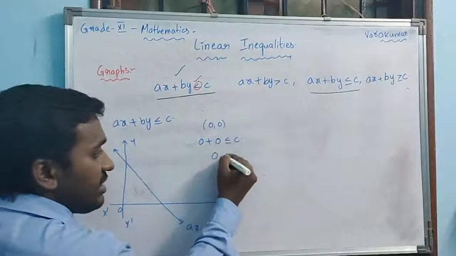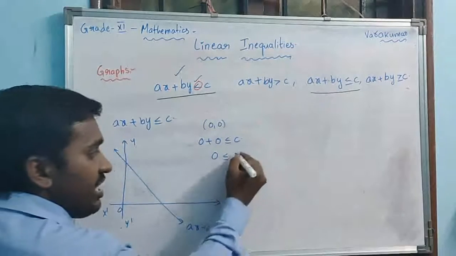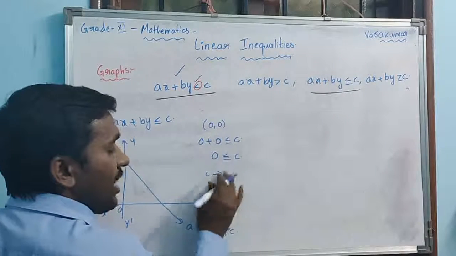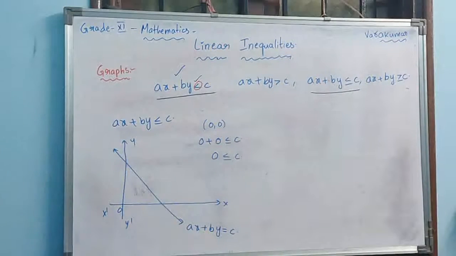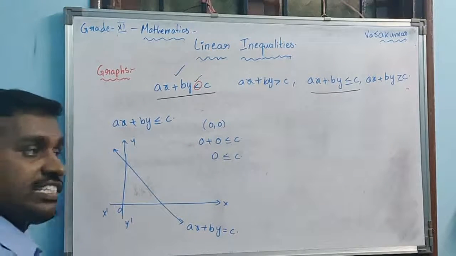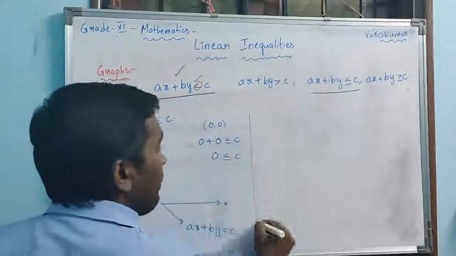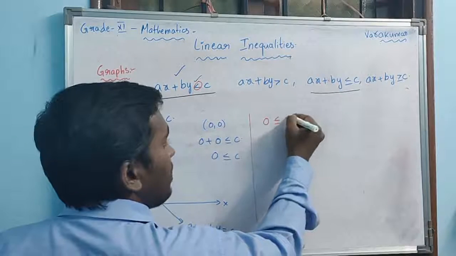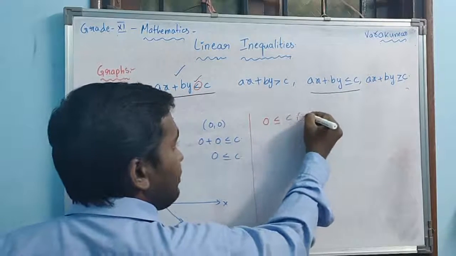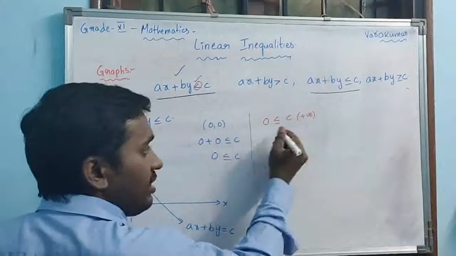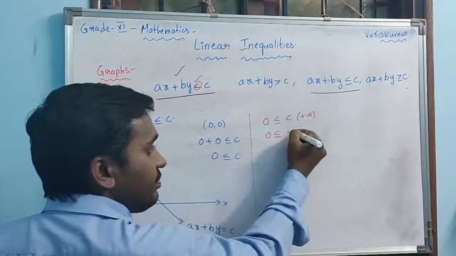Then 0 less than or equal to c. Now c value, one case it will be c value, we have to take it as a positive. One case c value will be taken as a negative. Suppose 0 less than or equal to c, which is taken as a positive. If it happens, 0 less than or equal to positive.